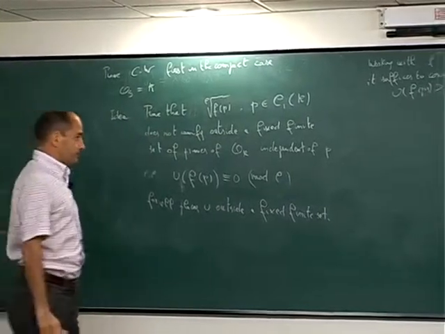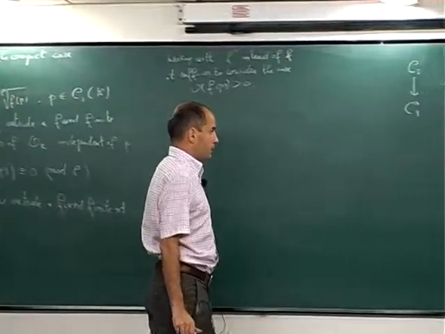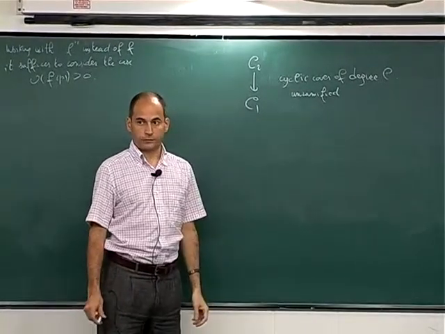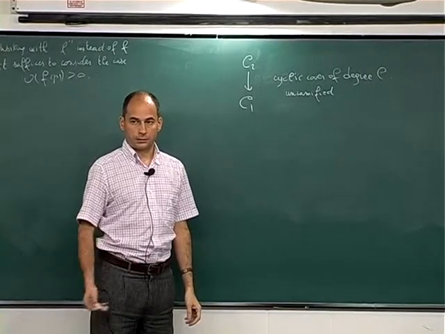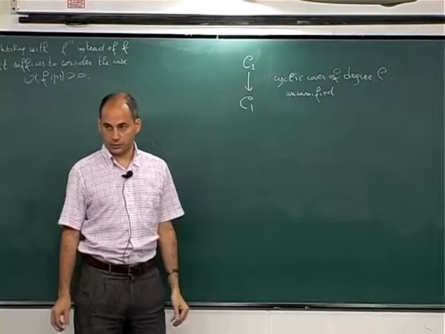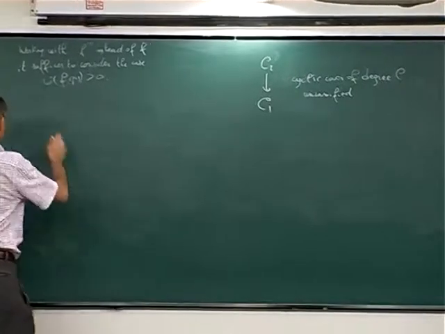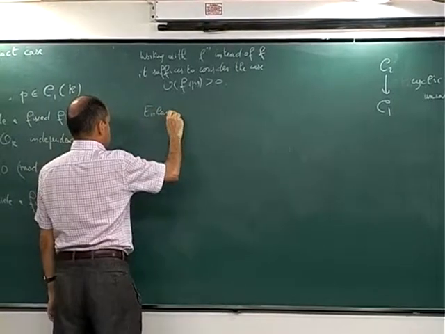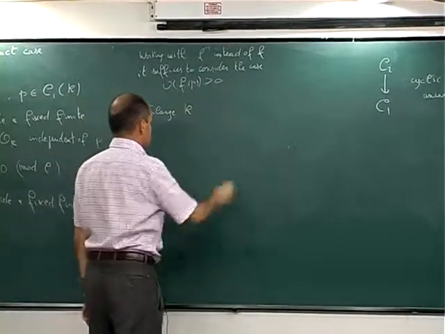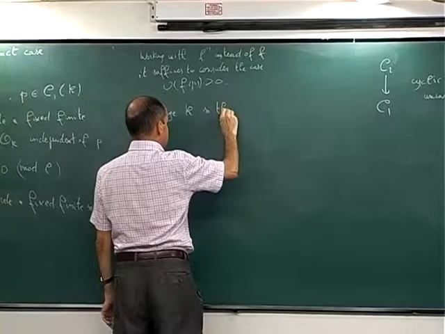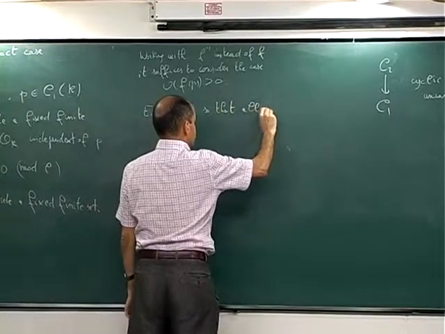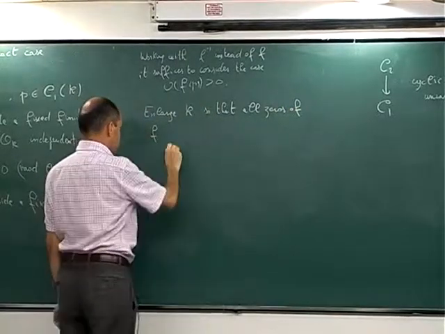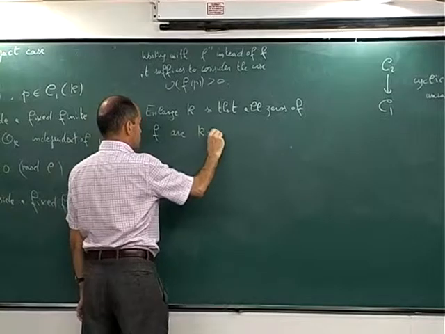Now, I have the right of enlarging the field of definition K by taking a finite extension. So I enlarge it so that all zeros of f are K-rational.